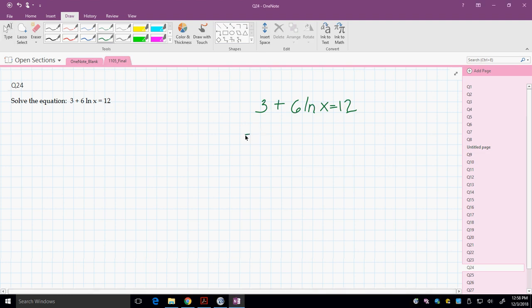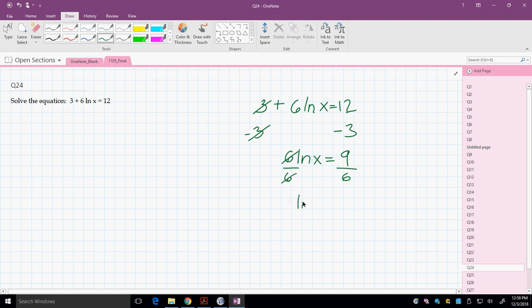I'm going to subtract 3 on both sides of the equal sign. The 3s cancel. Now I have 6 natural log of x equals 9. I'm going to divide by 6 on both sides of the equal sign.